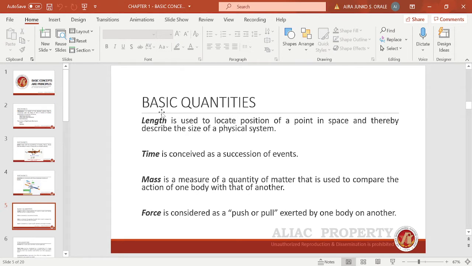So while solving problems, you need to confirm that the units you are using are the same. All the units must be the same for length and for time. If you are using seconds, it should be seconds in the other quantities also.